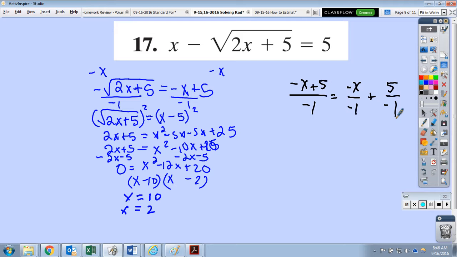We're allowed to break up fractions with the same denominator into partial fractions. And what's negative x over negative 1? Just x. And what is 5 divided by negative 1? Negative 5. So that's how she got here: x plus negative 5, or x minus 5, however you want to say it.